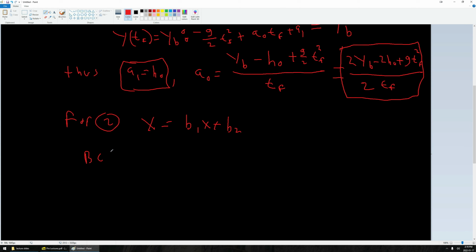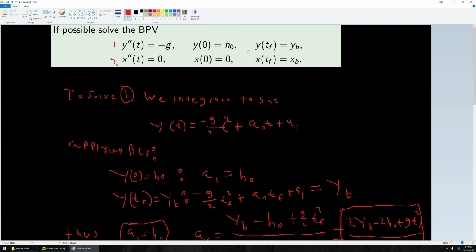My boundary condition for x, the original one, was that x of 0 was equal to 0. And again, this is just my choice. I could pick my initial point to be whatever I wanted to. That's a choice of coordinate system here. So if I plug this in, that tells me that b2 has to be equal to 0. Pretty straightforward.